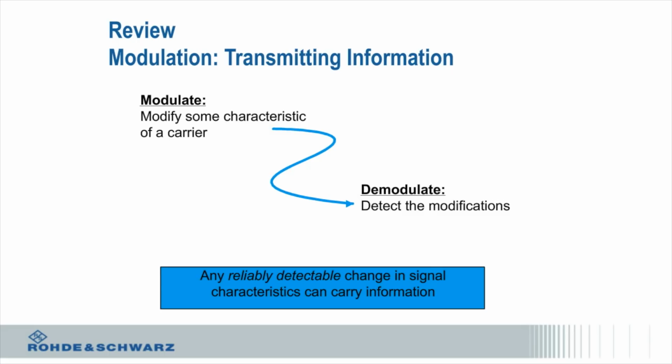We need to get the information on that frequency, so we modulate that carrier, i.e. adding information or modifying the characteristics of that carrier. Then on the other end, we demodulate it, or remove that information, so that we can further process it.